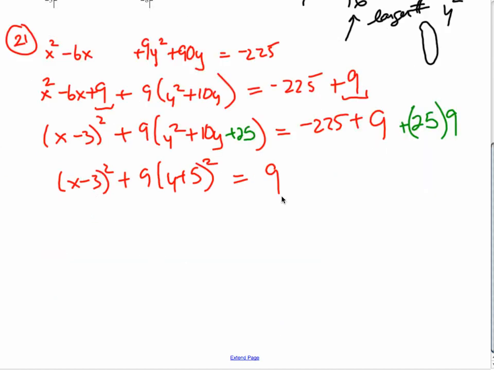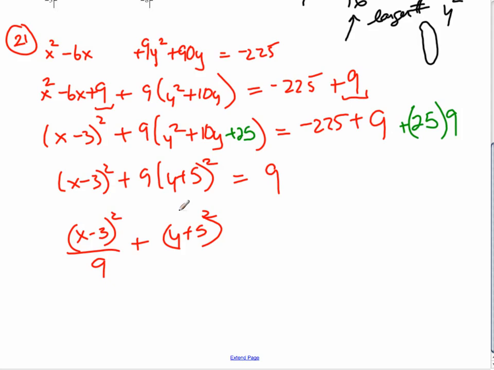Now I have an equation where the center of the ellipse is at 3, oh, just a sec. I have to divide by 9 first. That was close. The center's not going to change, but I have to get a 1 over here, so I divide everything by 9.